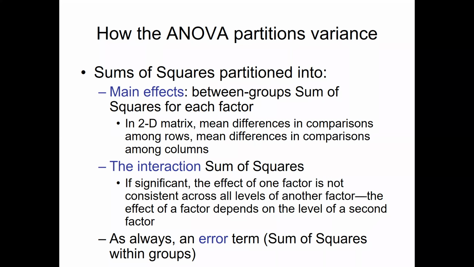So an interaction, which we'll look at a little bit more, is when you're using information from both rows and columns to understand effects of rows and columns simultaneously on the dependent variable. And then there is always an error term, which once you get into Factorial ANOVA is usually called sum of squares error, as opposed to sum of squares within.